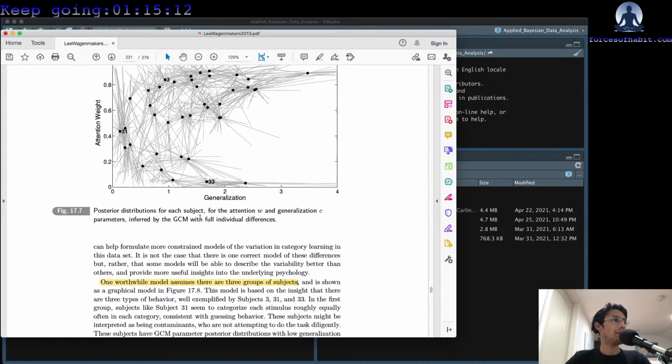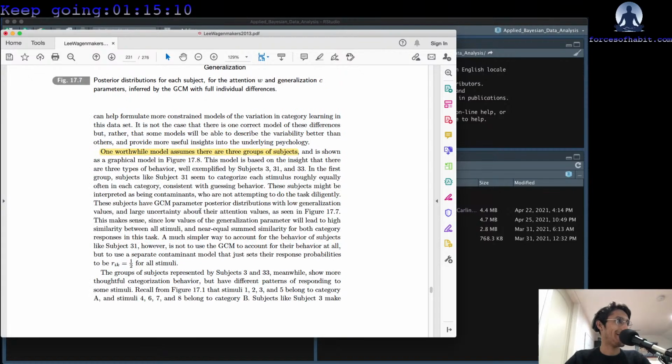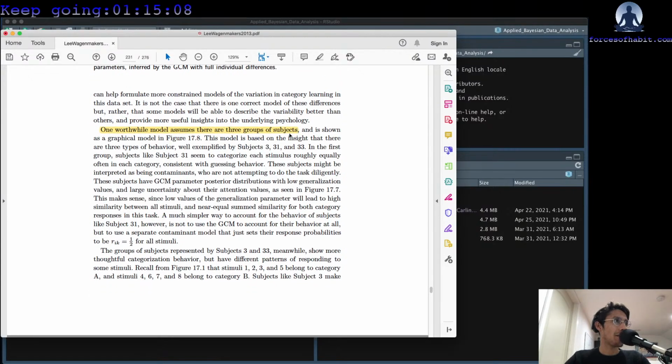This might be insightful to the underlying psychology, as it says here. So it might be the case that there are 3 groups. This model is based on the 3 types of behavior that we talked about last time when we answered the final exercise question for the individual differences section.